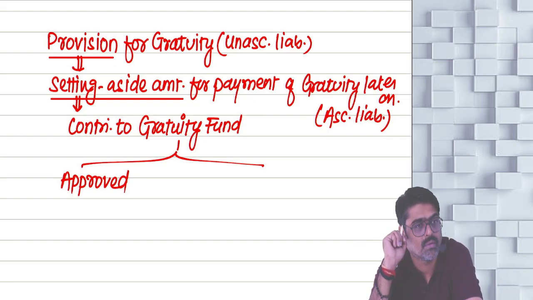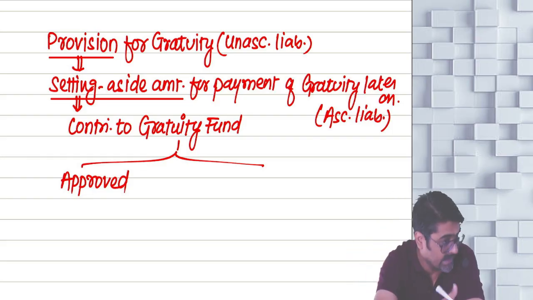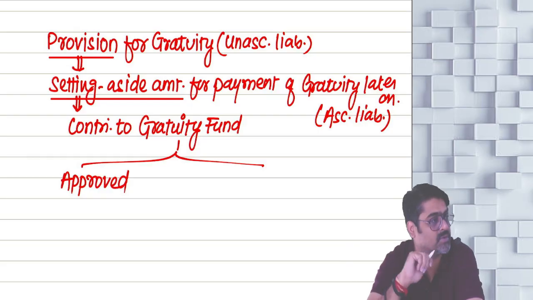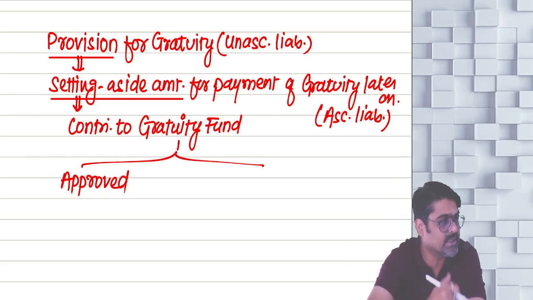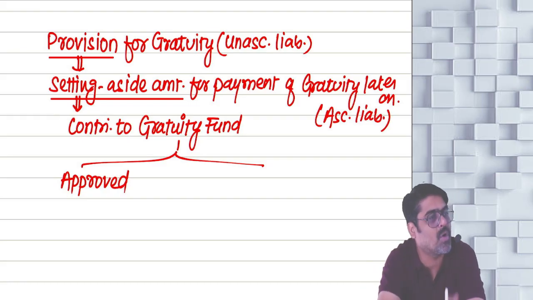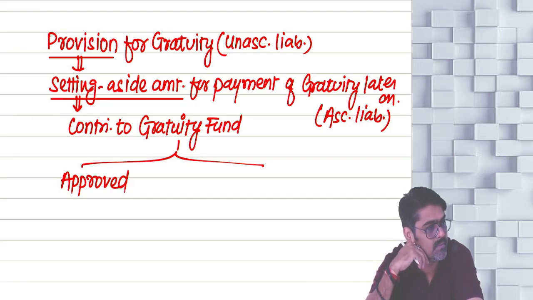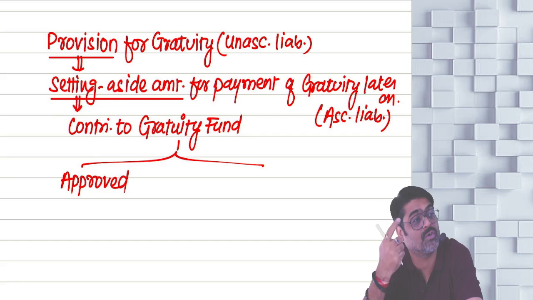Last year also I made some contribution in this fund. Next year also I will make some contribution in this fund. Next to next year also I will make some contribution in this fund. Every year I am contributing some amount to this fund. Why? Was it my wish? Or was there a statutory requirement?